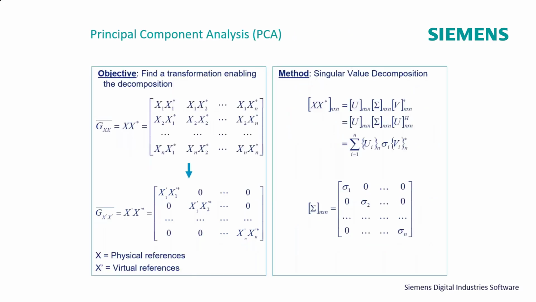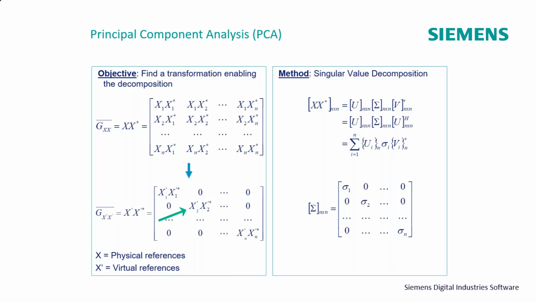So the objective in principal component analysis is to find a transformation enabling the decomposition. We can modify the cross power matrix with some type of transformation such that the reference auto power matrix, which is the bottom left matrix, only has values on the diagonal using these virtual references. And they're not tied to reality.